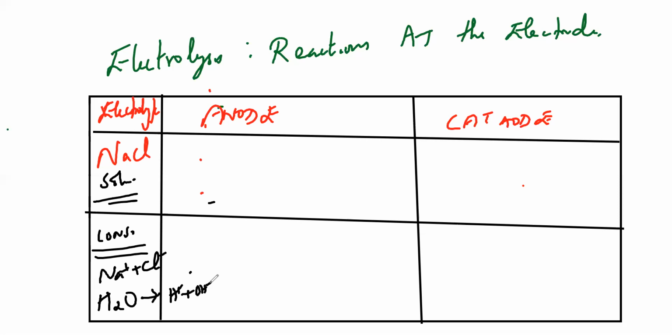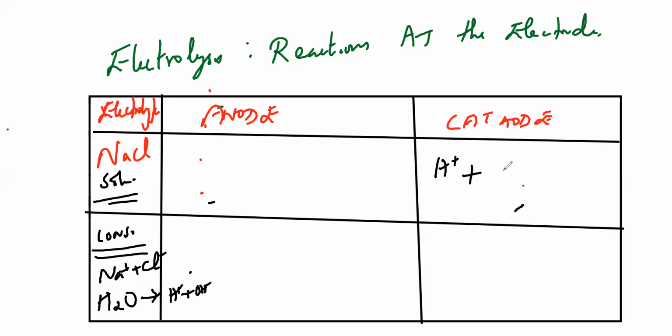So at the anode, what will happen? At the cathode, what will happen? If I take the cathode reaction here, the cathode will take this H plus ion.